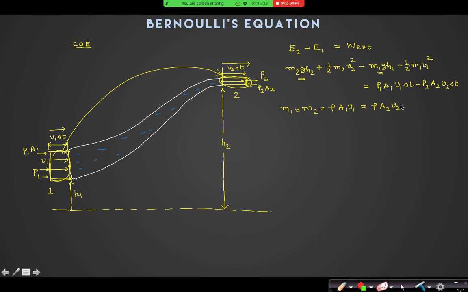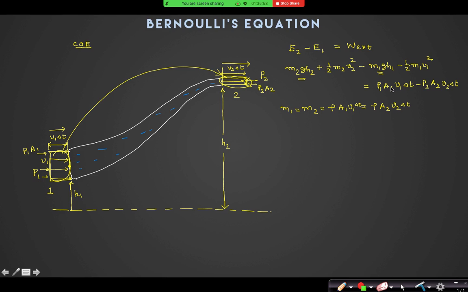Rho A1 V1 delta T. Yes, A1 V1 equals A2 V2. Multiply it with delta T and then multiply it with rho. You will find M1 and M2.